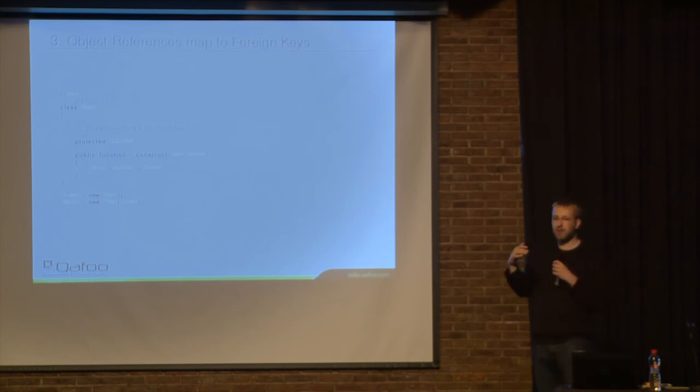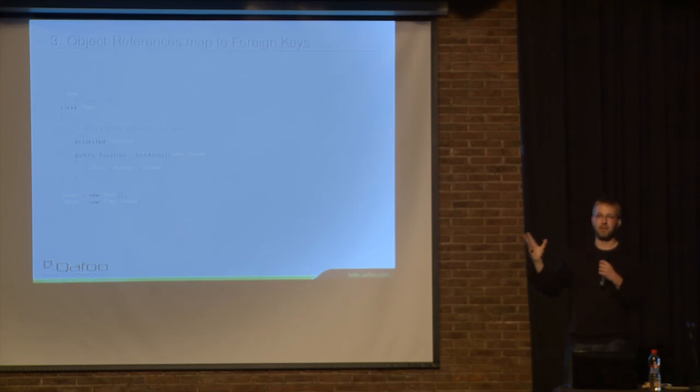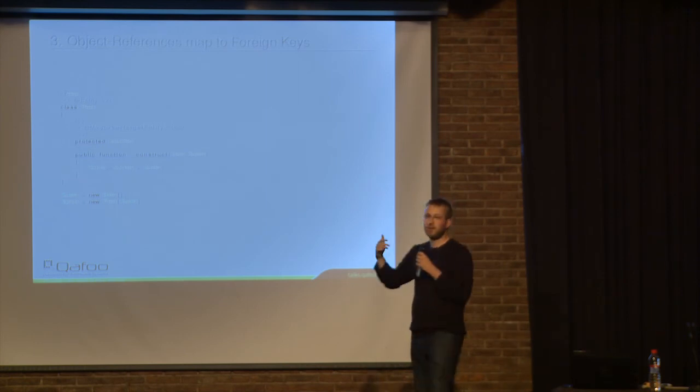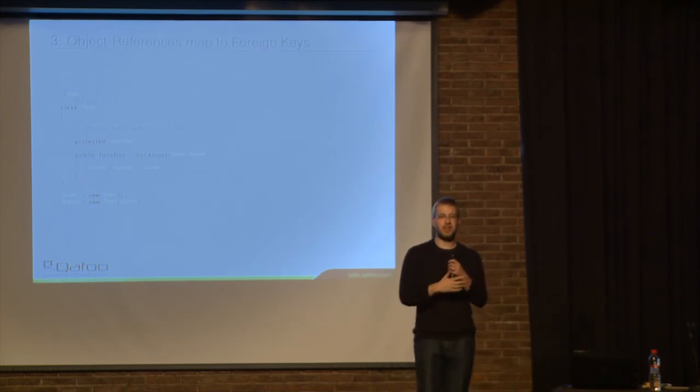So there are some defaults how this mapping converts to a foreign key. In this example here, Doctrine would expect an author underscore ID column in your table.